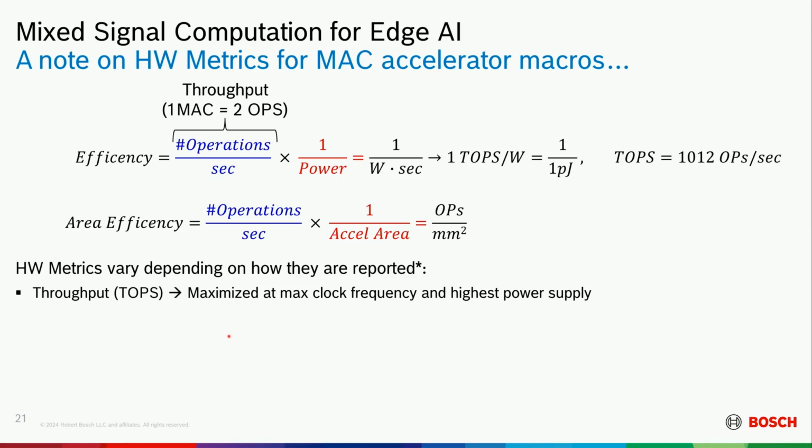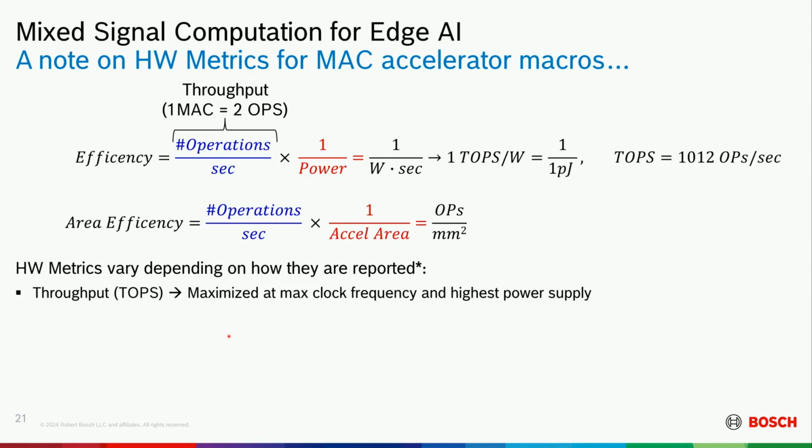And so this is something I just wanted to mention, that we don't do this. Because, for instance, efficiency, which is basically number of operations per second divided by power, is 1 over energy, which is just TOPS per watt. 1 over 1 picojoule is 1 TOPS per watt.